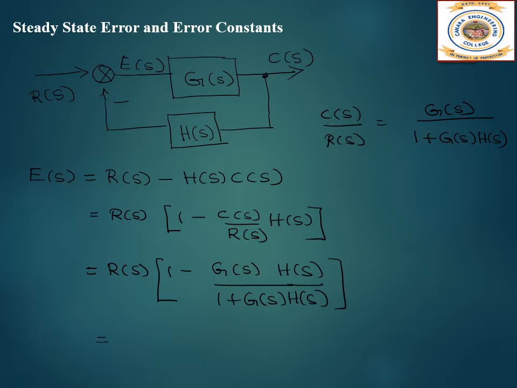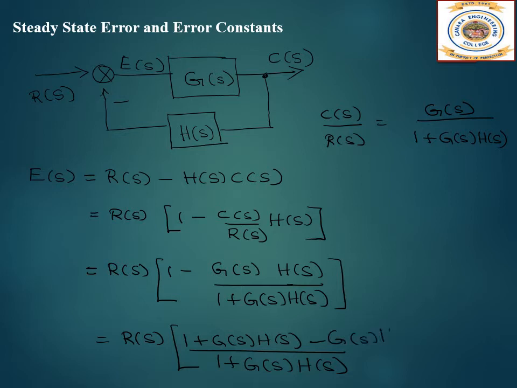If I take R of s and take the common denominator 1 plus G of s H of s, in the numerator we have 1 plus G of s H of s minus G of s H of s.